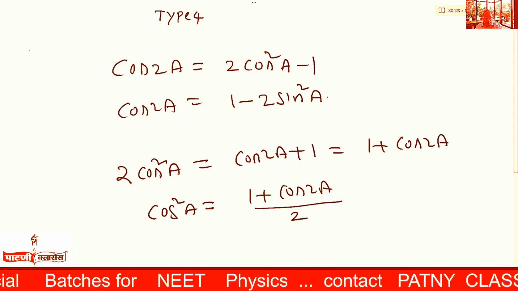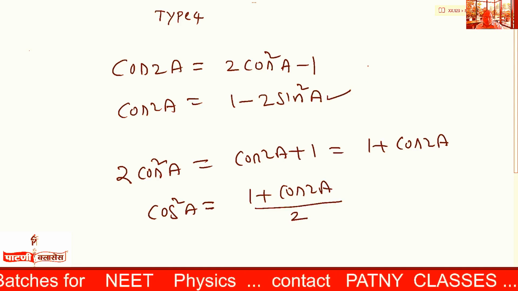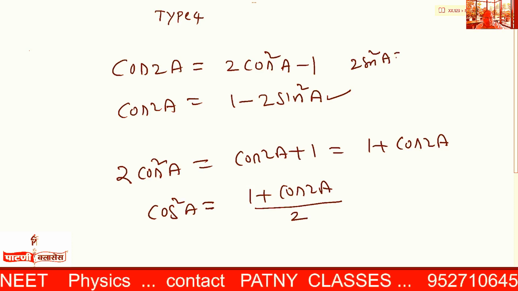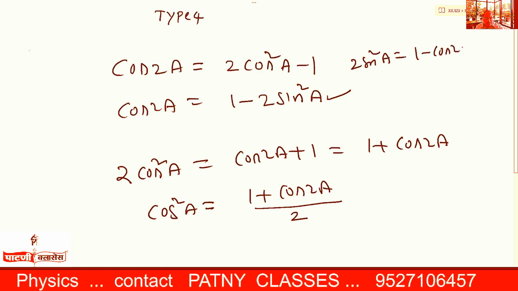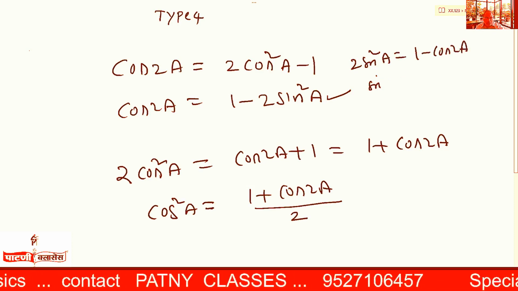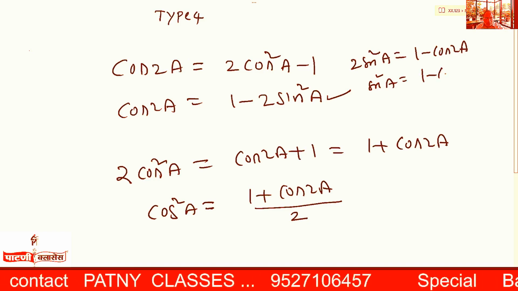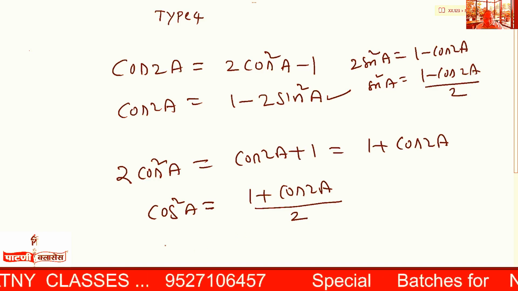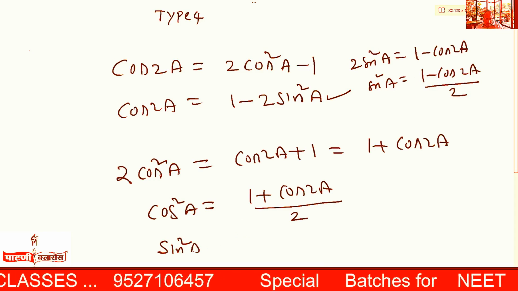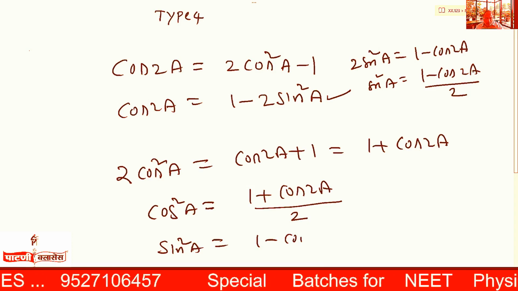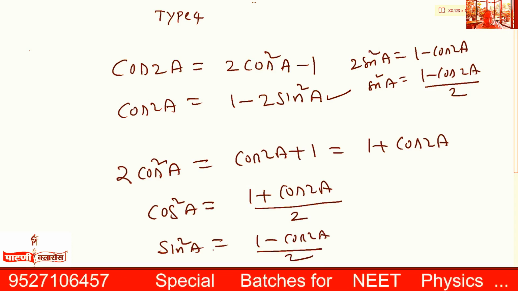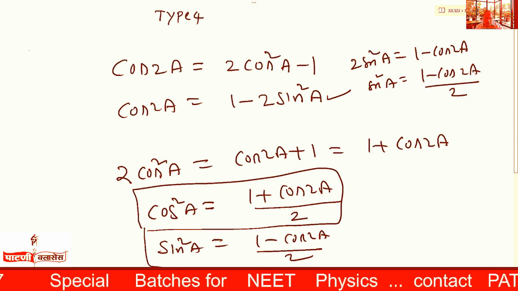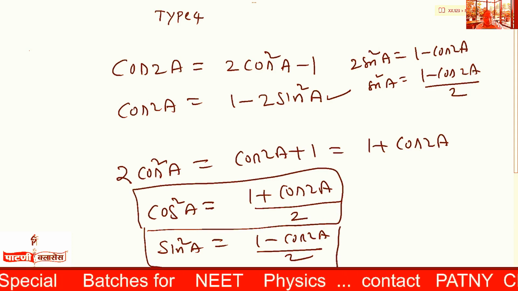Similarly from the other one I get 2 sin square a equals 1 minus cos 2a, so sin square a equals 1 minus cos 2a upon 2. These are the two formulae I am going to use in the next integration.